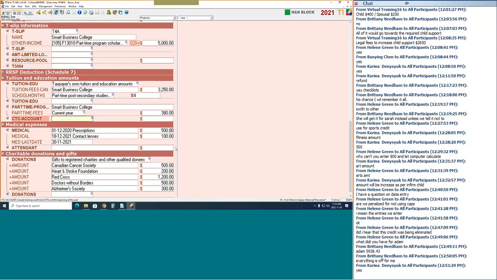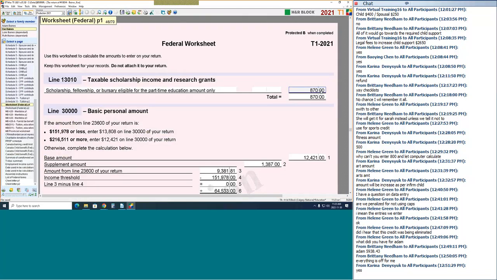So what we have to do if we're going to do books plus tuition, when we do current year, we have to remember we're telling the computer everything we want it to deduct. So I want it to deduct the books plus the tuition, which, yes, I know the computer knows about it, but it seems to have forgotten. I want to deduct $3,630 plus the 500. It will do the 500 for you, but the rest of it you have to tell it what to do.